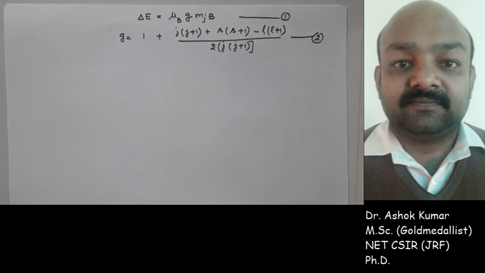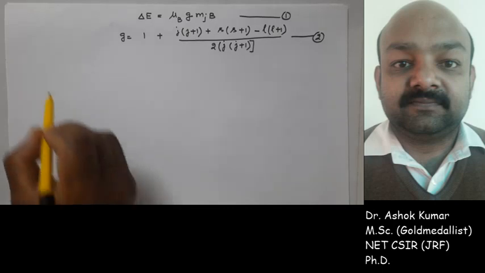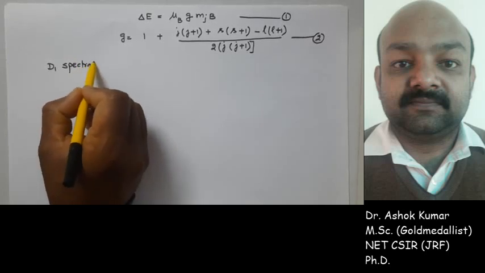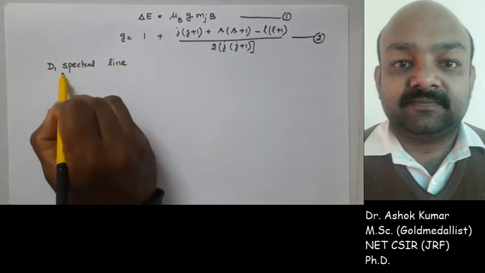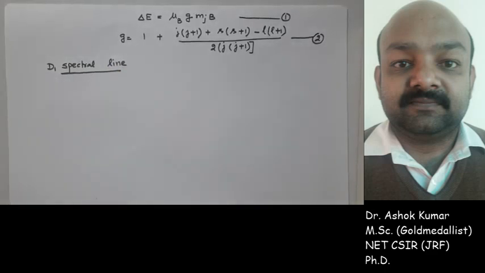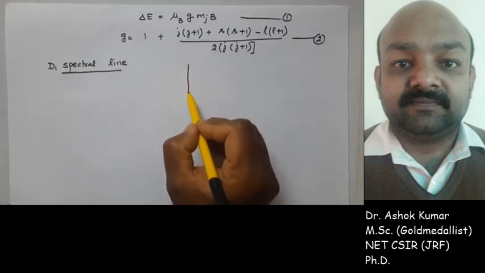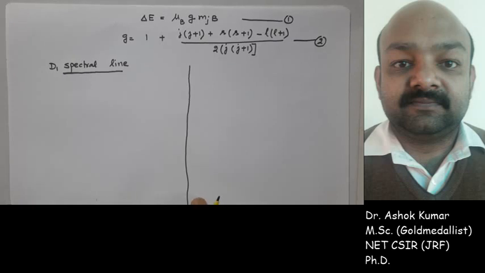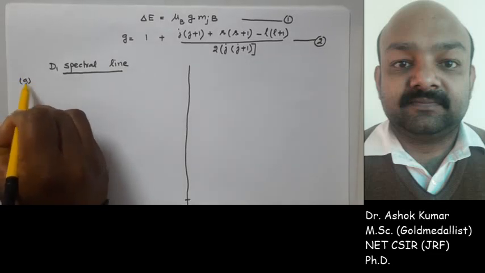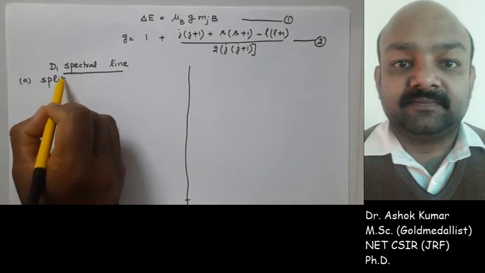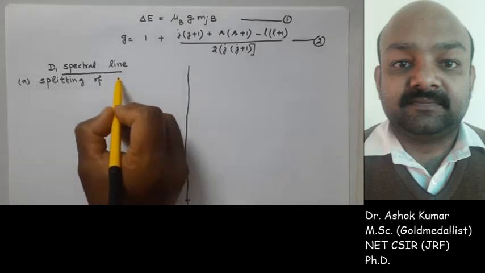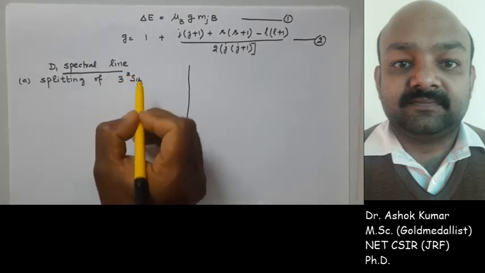So now we will discuss the effect of magnetic field on the D1 spectral line. The D1 spectral line involves two energy levels, and now we will discuss the effect of a weak magnetic field on these energy levels. First part, splitting of this energy level.